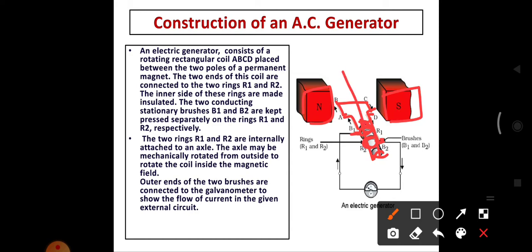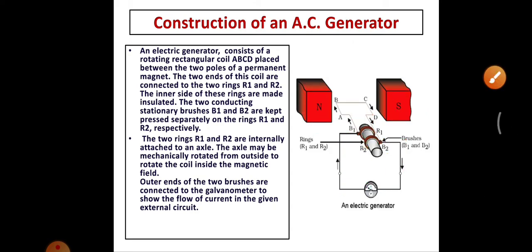The axle may be mechanically rotated from the outside to rotate the coil inside the magnetic field. The outer ends of the two brushes are connected to the galvanometer to show the flow of current in the external circuit.